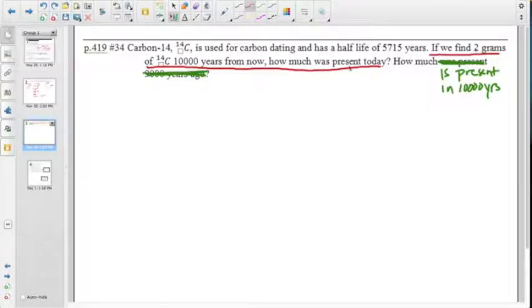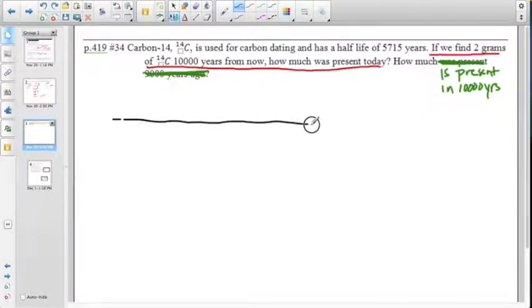if we back up, if we kind of draw a timeline here. Okay, and so here's today, here's 10,000 years from now.